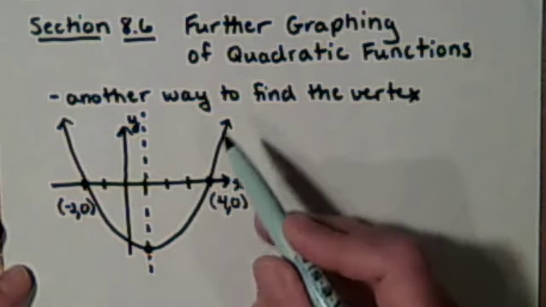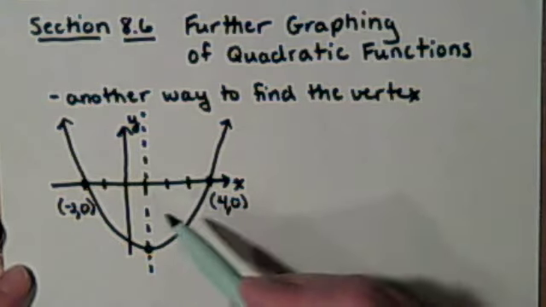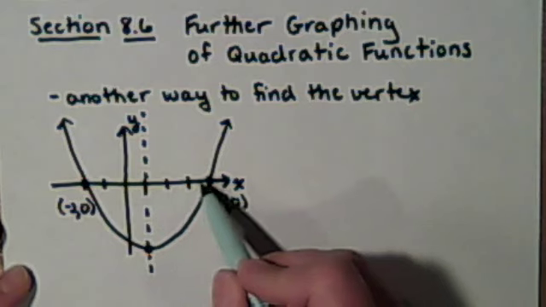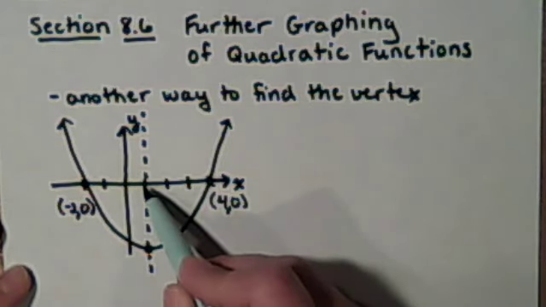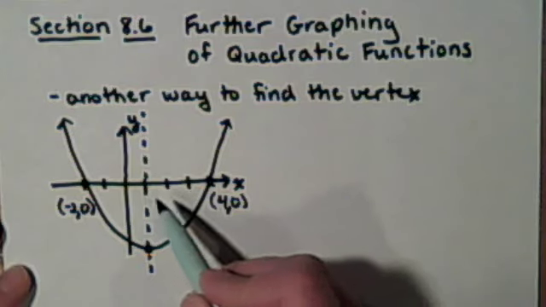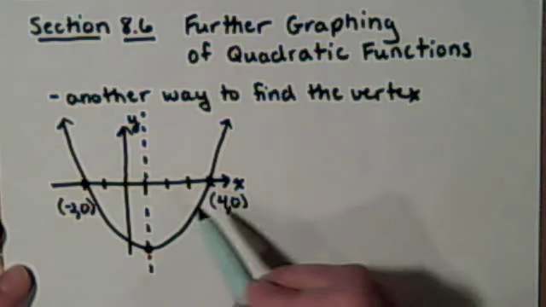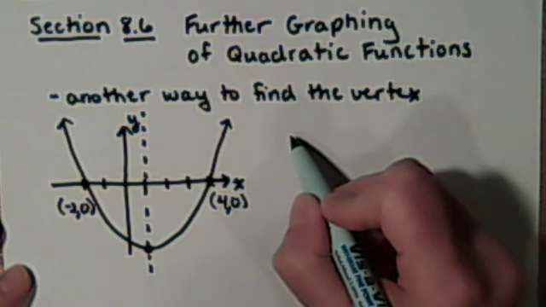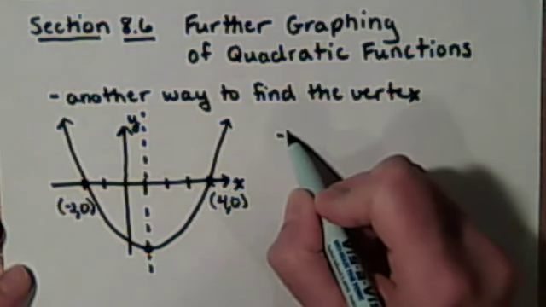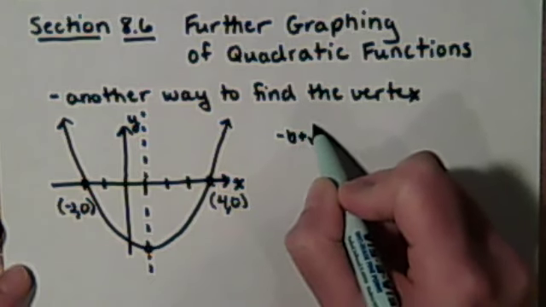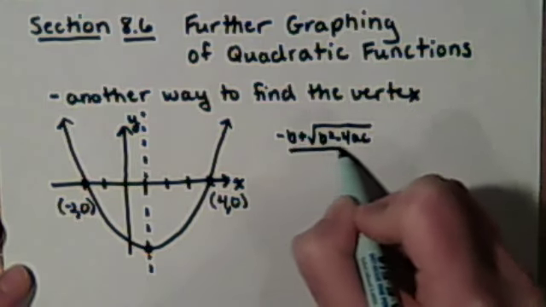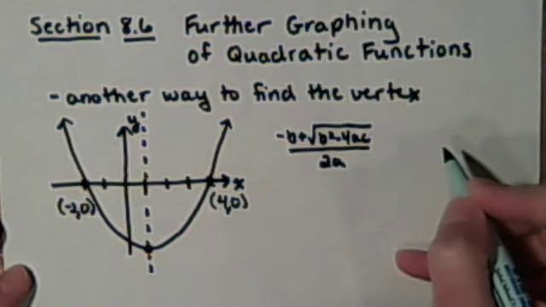And if these two sides are supposed to be the same on both sides, then these two points are equidistant from the axis of symmetry. Now remember, one way that we can find x-intercepts is by using the quadratic formula. One of our solutions would be given as the opposite of b plus the square root of b squared minus 4ac all over 2a.